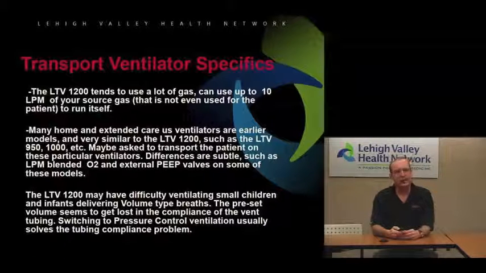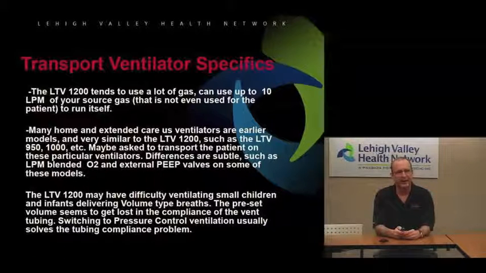If they're around 20, start your pressure control ventilation around 20, maybe a little bit less, a little bit more, but right around 20. See what type of volumes you get, hook it up to the patient, and see how you do. You'll probably do pretty well with it.